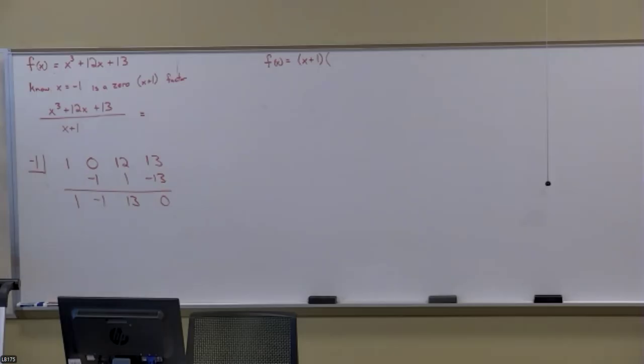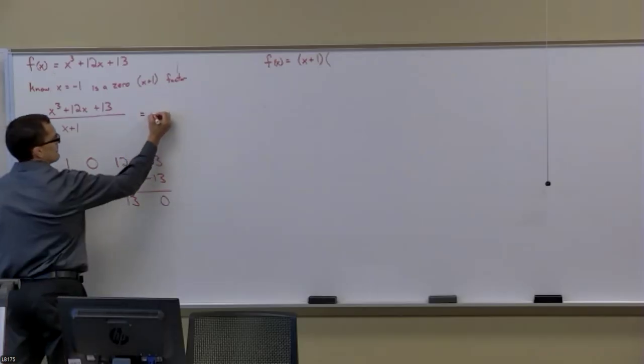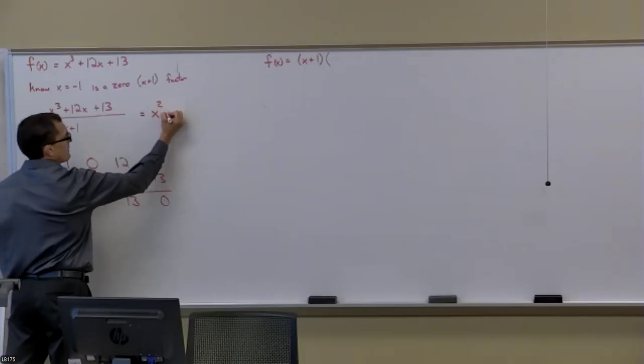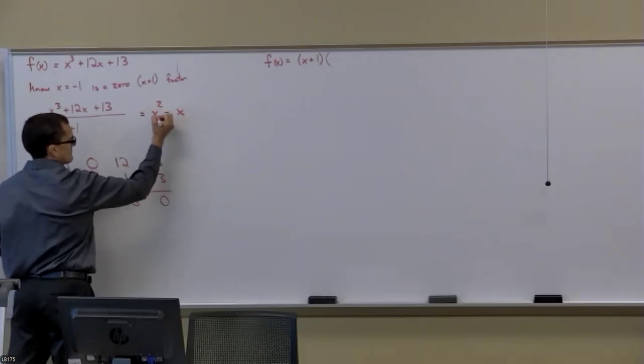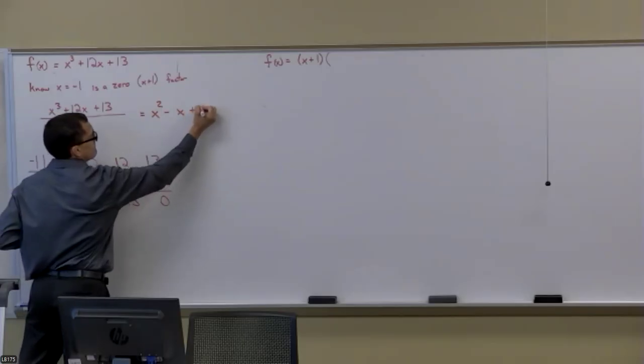If I didn't, something went wrong. Either it actually wasn't a factor or I did the math wrong. So this means that when you divide, you get x squared minus x plus 13.